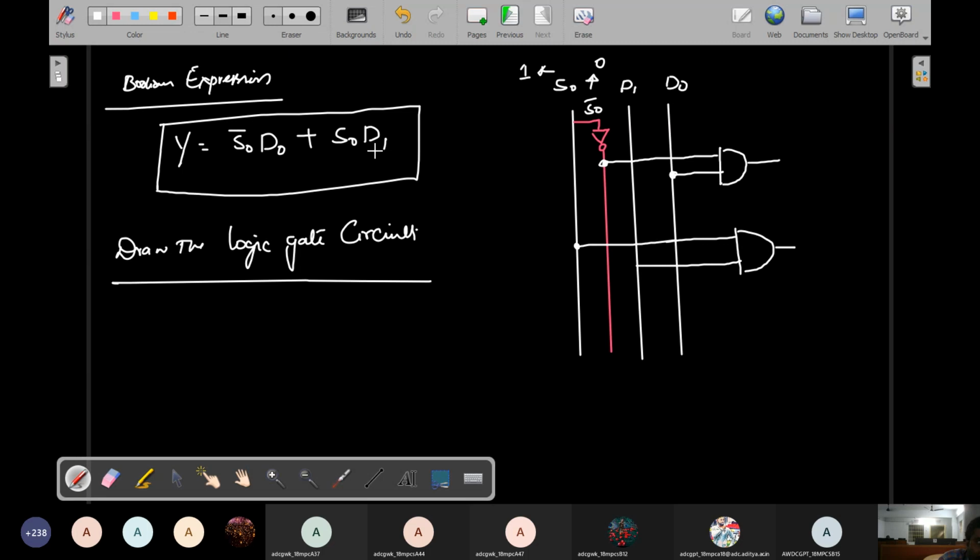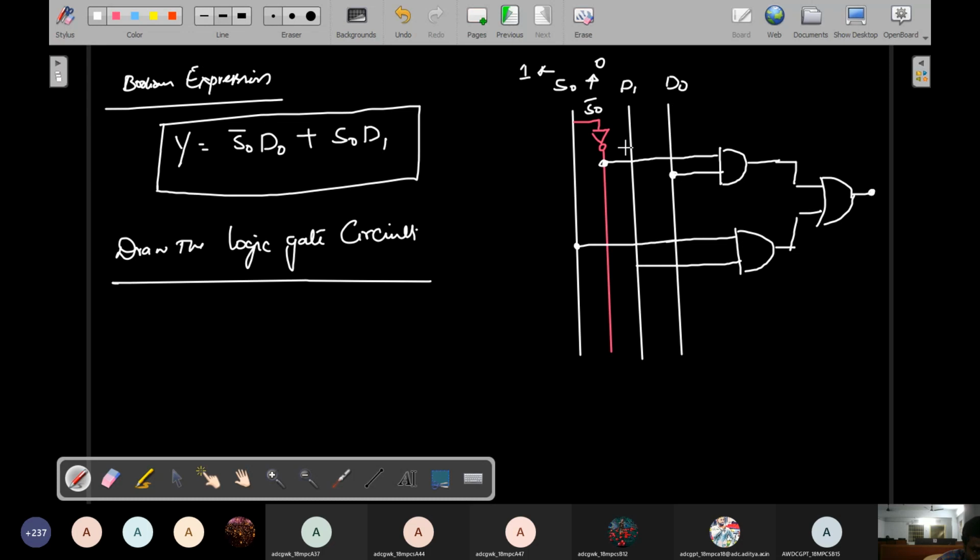Finally both are added by the Boolean expression, so adding these equations by using one OR gate. So this is your final expression.